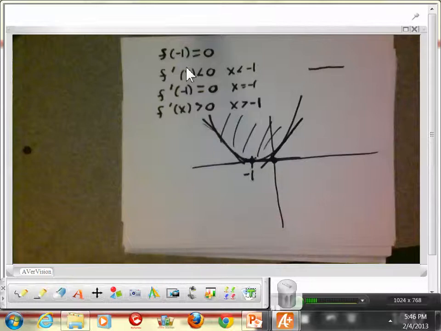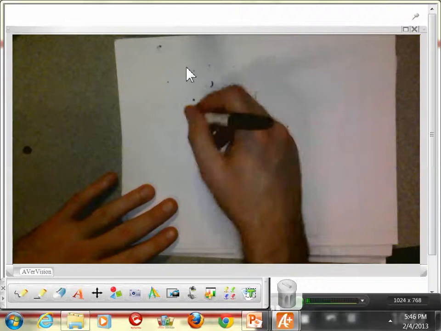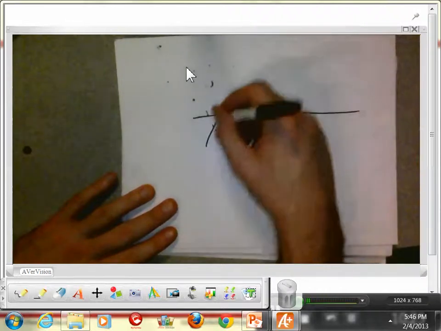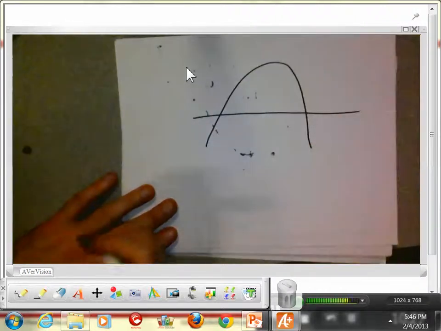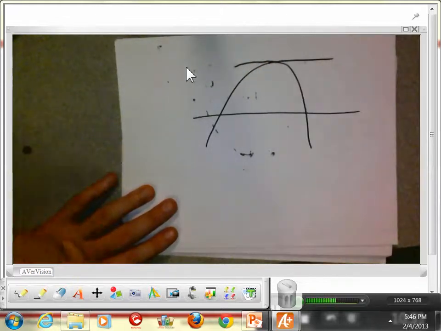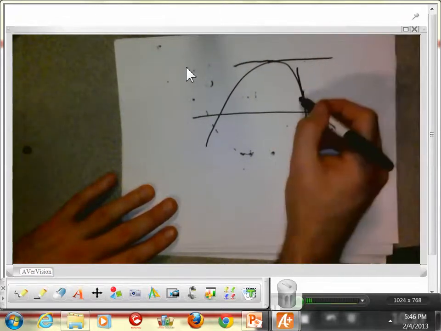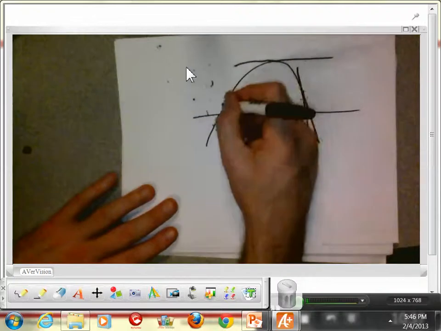Concave down means the opposite. As we discussed last time, if I have this curve over here and I draw a tangent line up here, the curve is below the tangent line. If I draw a line over here, the curve is beneath the tangent line.